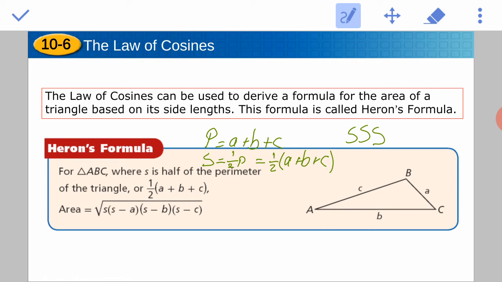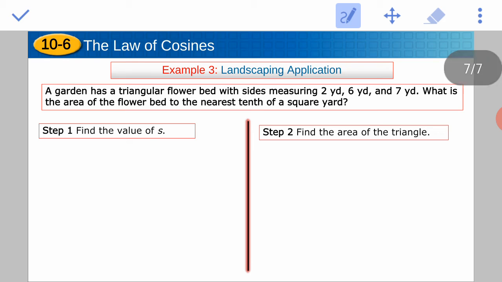Heron's formula uses half of the perimeter, or s. The formula states that the area of a triangle is equal to the square root of s times s minus a times s minus b times s minus c. Guys, a, b, and c are the side lengths of this triangle, and s is equal to half the perimeter of the triangle. Let's apply this nice formula, guys.